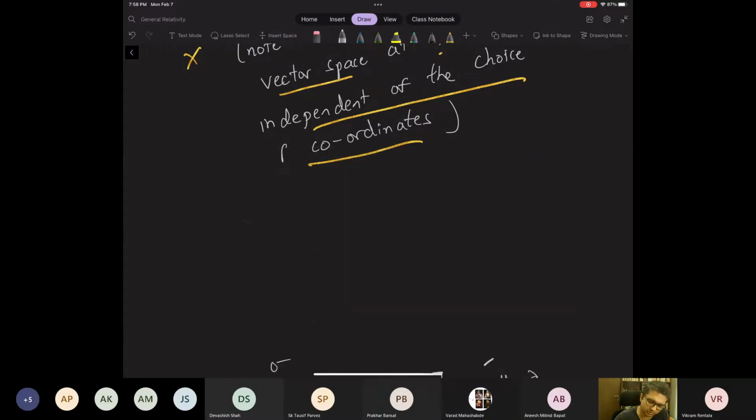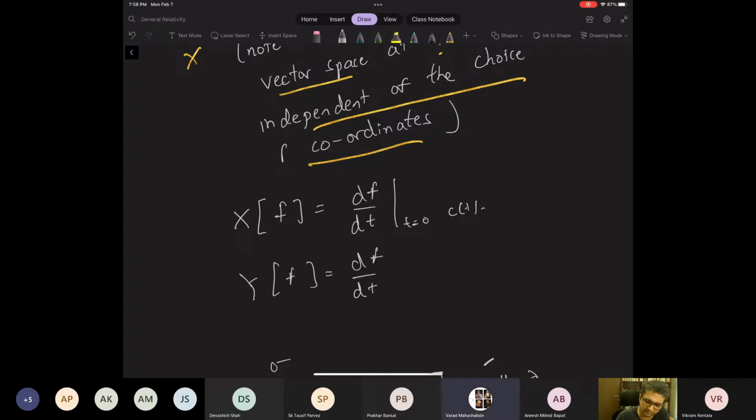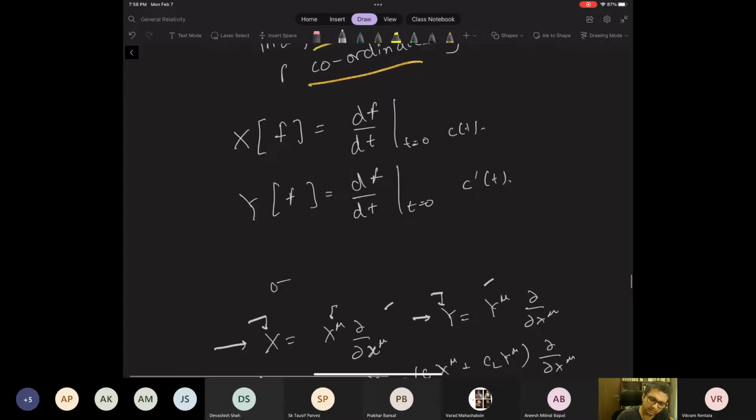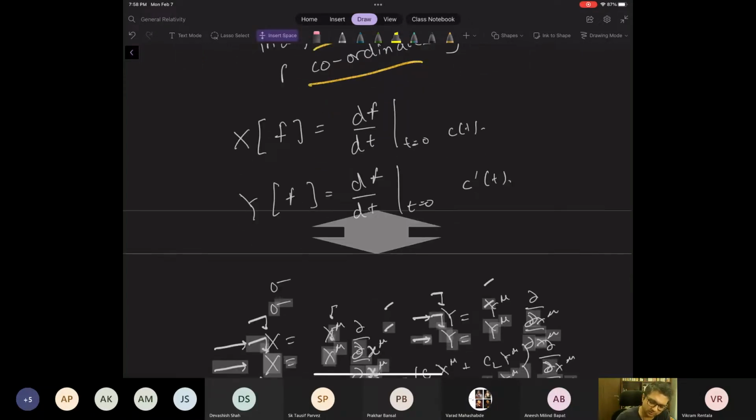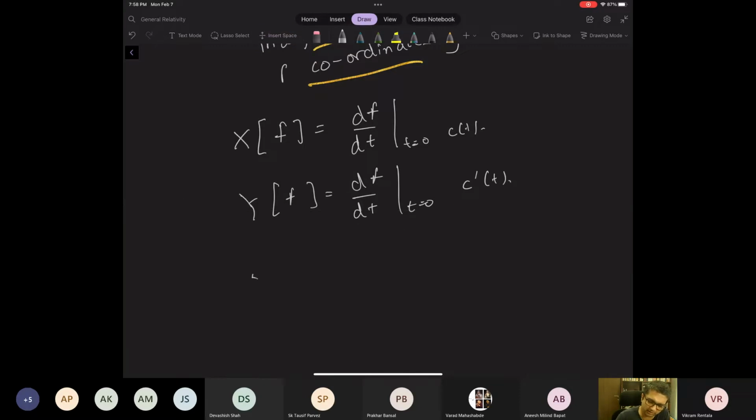So what does x do? xf is df dt along some curve. Yf is df dt along some other curve. Okay, and now what we want to say is that it's possible to get a third differential operation.